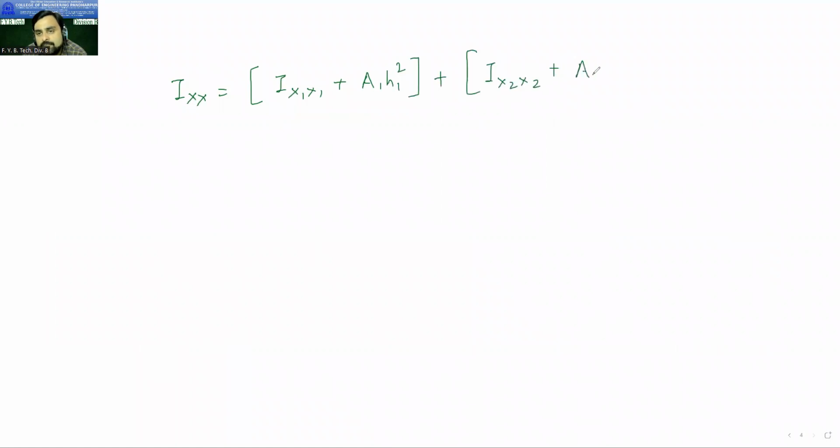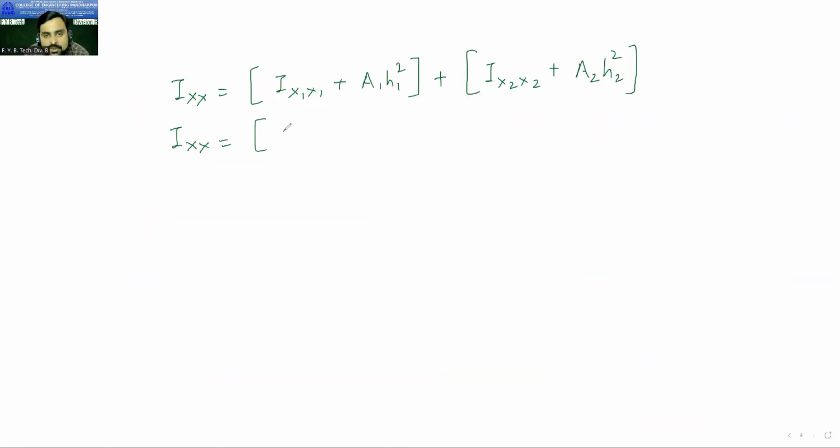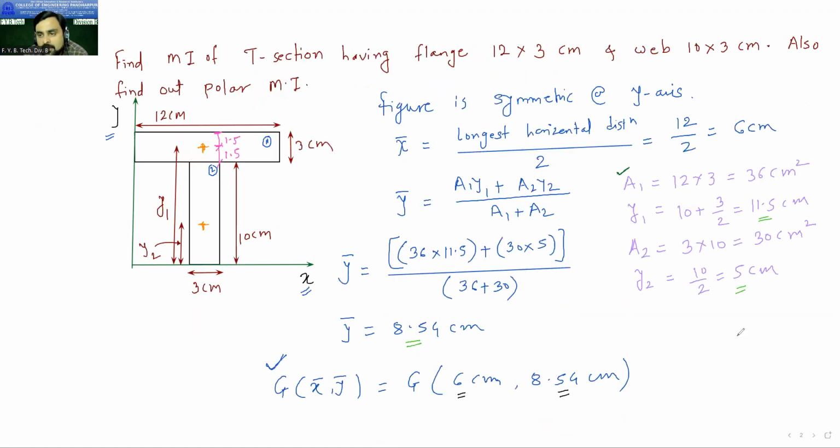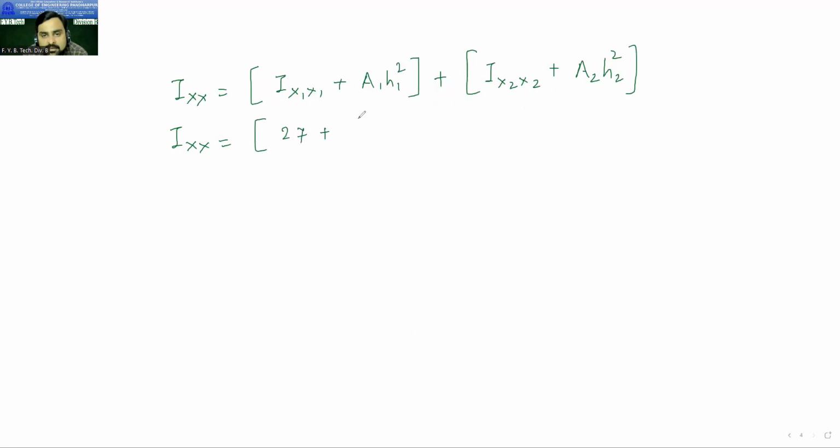प्लस A2 H2 square. So now if I put all the values, then my Ixx is equal to, first value x1. What is the value of x1? 27. So it is 27 plus, what is the value of A1? A1 is 36. So A1 is 36.